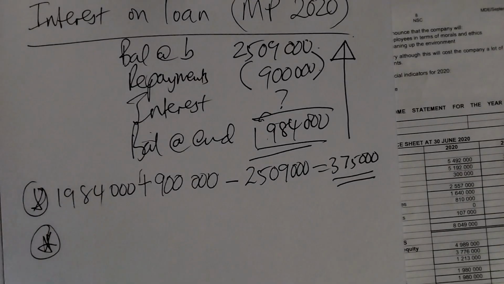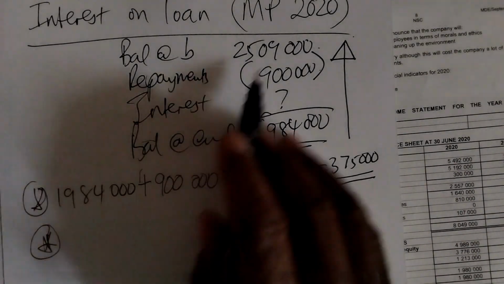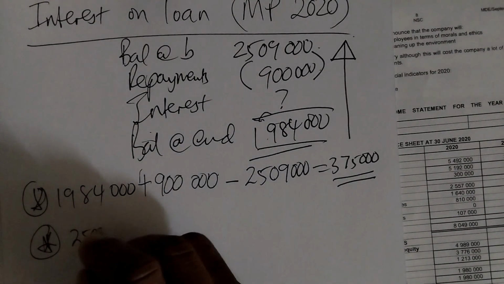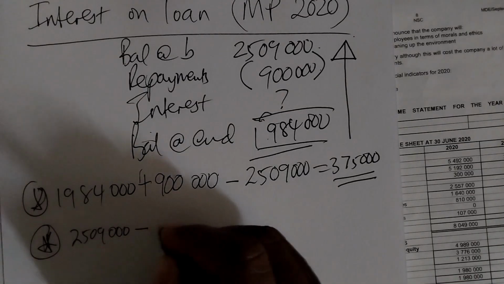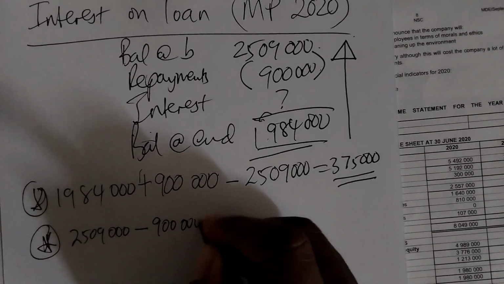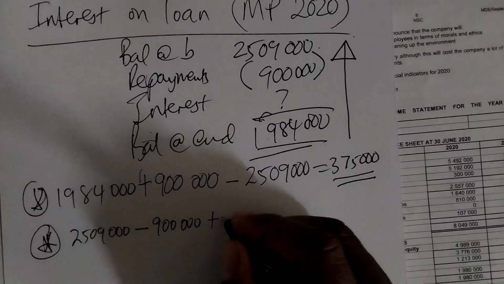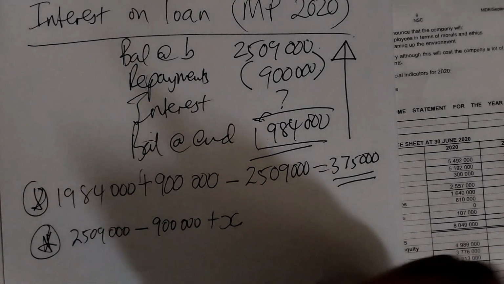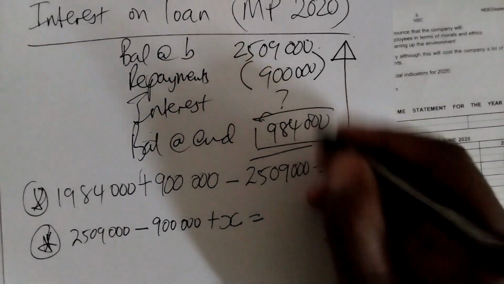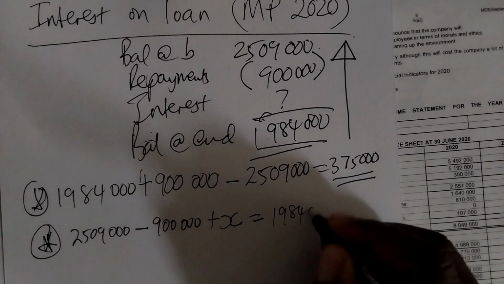The second method is the X method, which means I'm going to start with the 2,509,000 minus 900, because the repayment reduces, interest will increase, so it is plus X. So my interest X is equal to 1984.